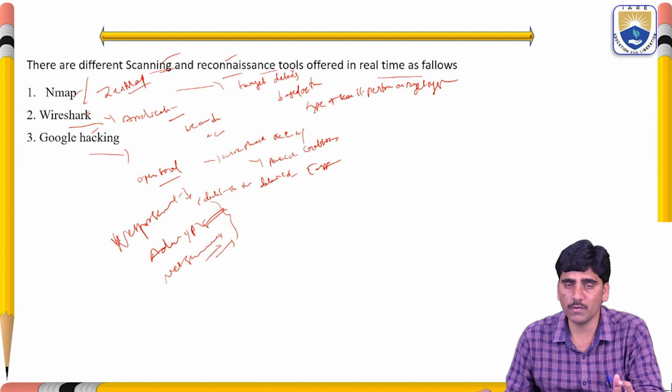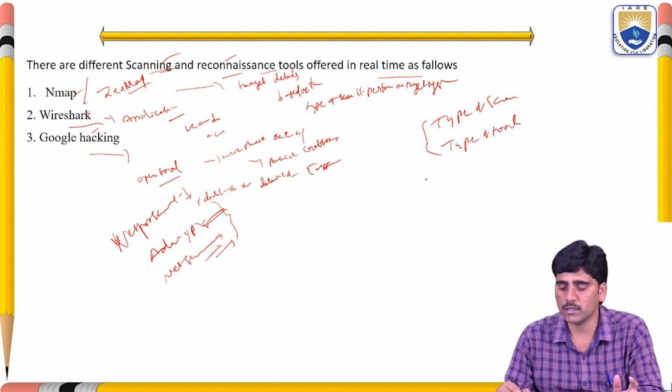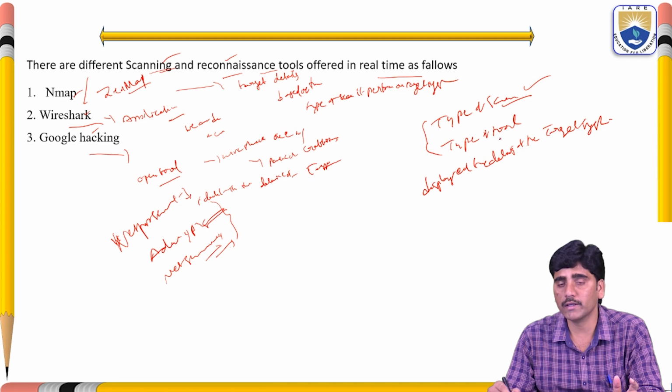Some of the tools are Nmap, Wireshark and Google Hacking, which are used to display the details about the target system. Based on the type of scanning technique and the type of tool, it displays all the details of the target system.